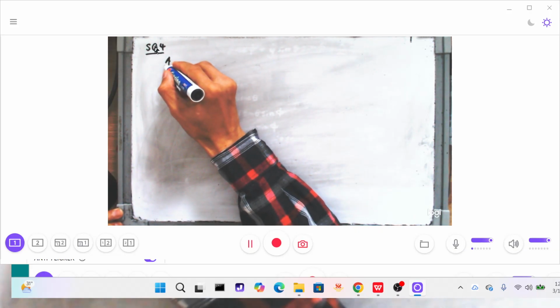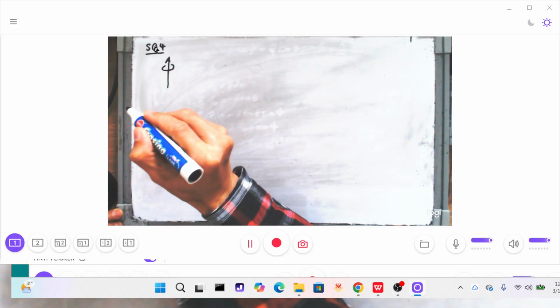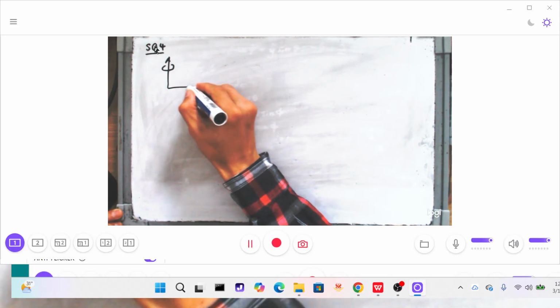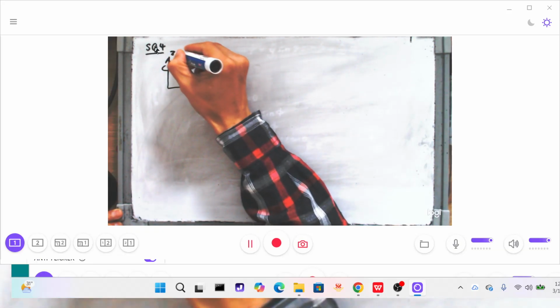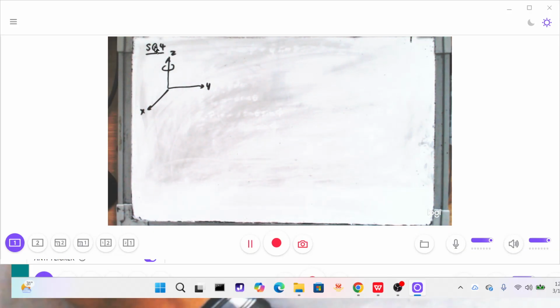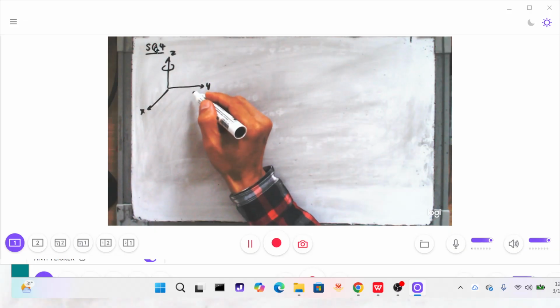A magnetic dipole, as I told you, is an electrically small wire loop.